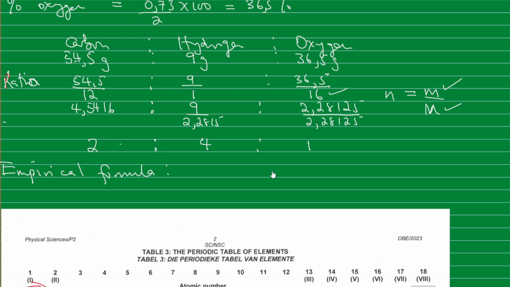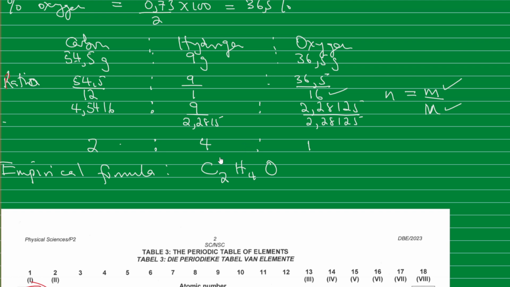So they give us the simplest ratio in which carbon, hydrogen and oxygen are bonded together. So our empirical formula is going to be: for carbon, I've got 2 atoms, for hydrogen I will have 4, and for oxygen I will have 1. So I will have C2H4O. This is what is called the empirical formula.